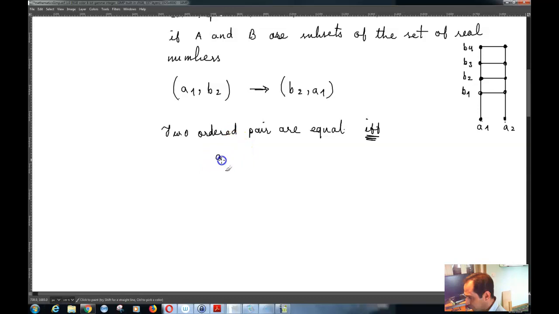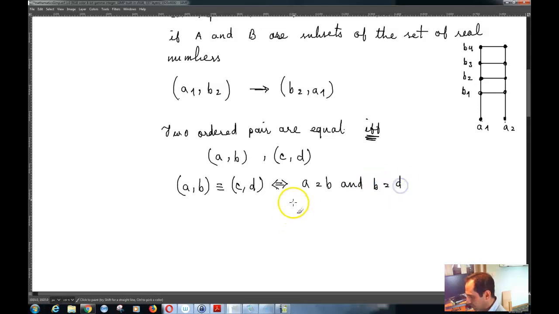Meaning that if you have, for example, (a, b) and (c, d), then (a, b) is equal to (c, d) if and only if a is equal to c and b is equal to d. So then you can say that 2 ordered pairs are equal if and only if the corresponding first elements are equal, and the corresponding second elements are equal.